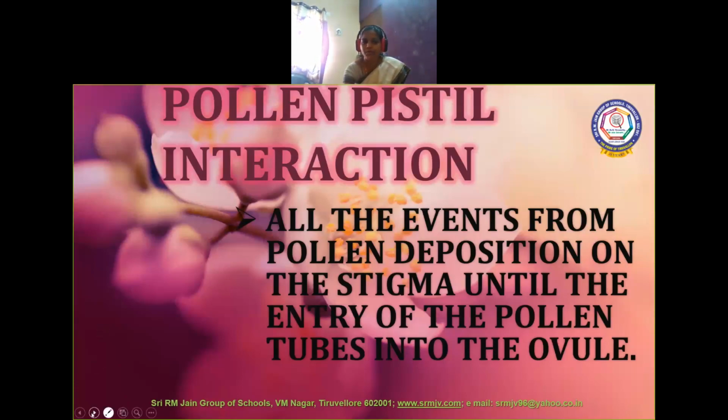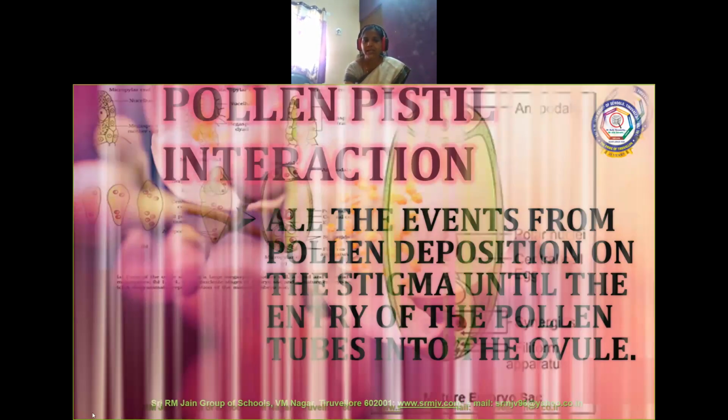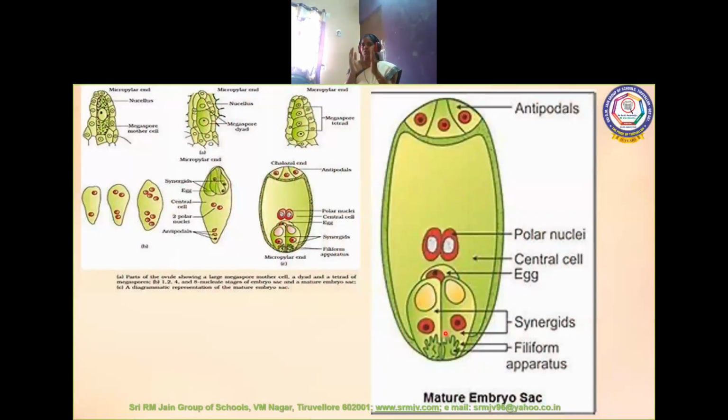Before going into the pollen pistil interaction in detail, we'll have a recap of the mature embryo sac. The mature ovule has this embryo sac, which is ready for the process of fertilization. For fertilization, they need a female gamete. Pollination is already over, and pollen pistil interaction has started now.